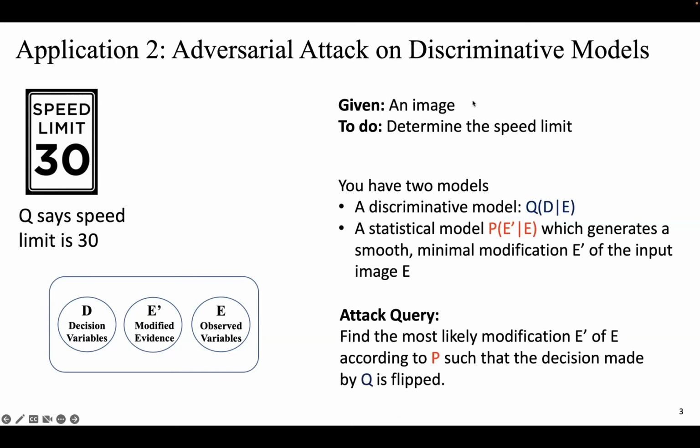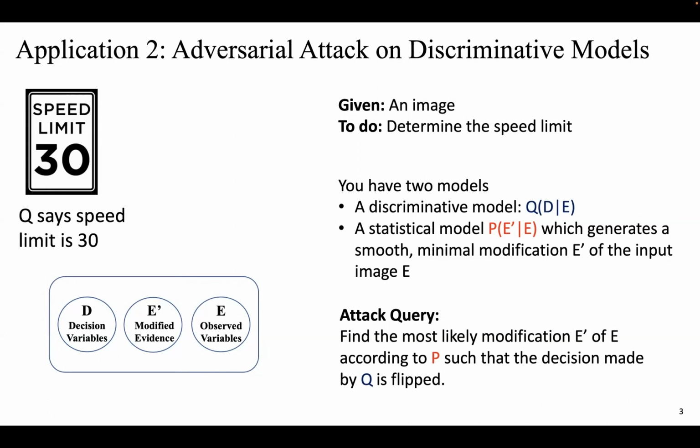Under these two models, P and Q, the adversarial attack problem can be stated as follows. Find the most likely modification E prime of E, according to P. So find something that is semantically similar to the original image, according to your probabilistic model P, such that the decision made by your discriminative model Q is flipped.